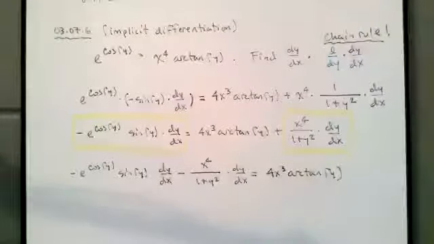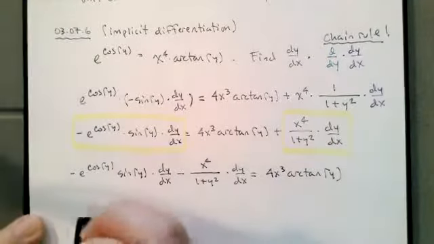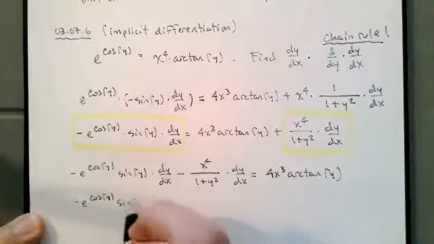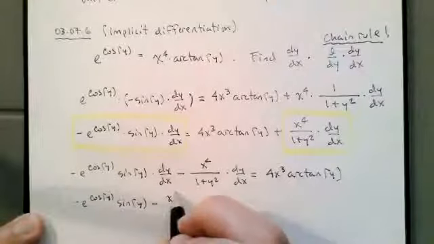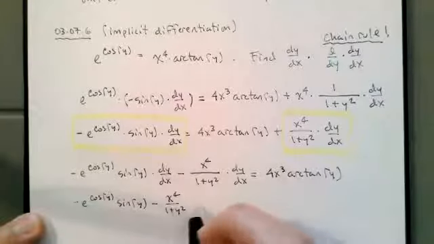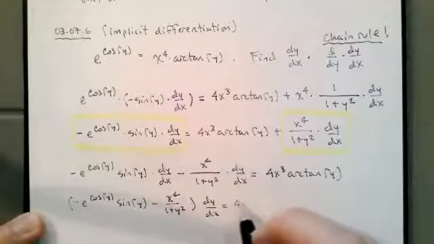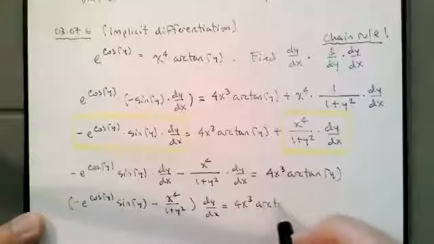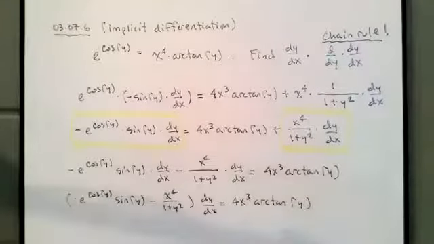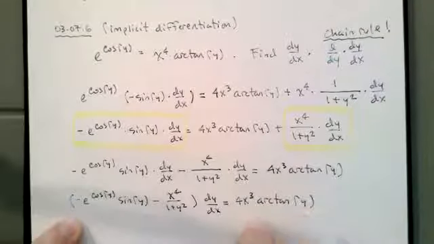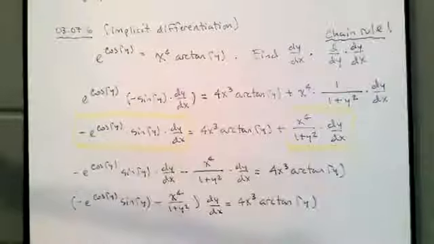We're solving for dy dx, so the next thing to do would be to factor out the dy dx on the left. And now I've got all this stuff times dy dx is equal to 4x cubed arctangent y. So I just need to divide to solve for dy dx.